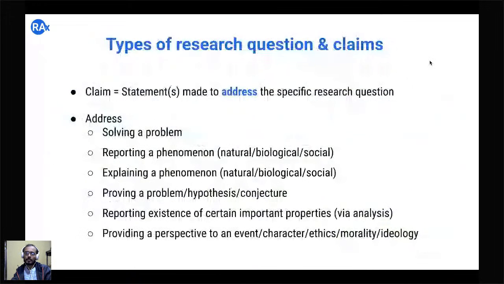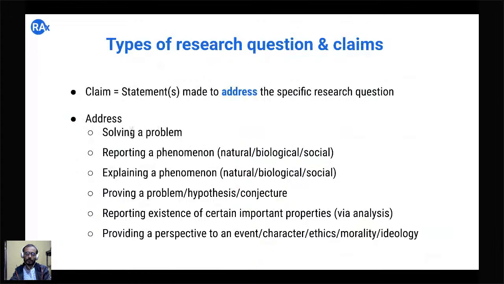So what are the types of research question, and the corresponding claims? Let us first try to understand. A claim, as I said, is a statement or a set of statements you make to address the specific research question that you have at hand. And by address, what do I mean?